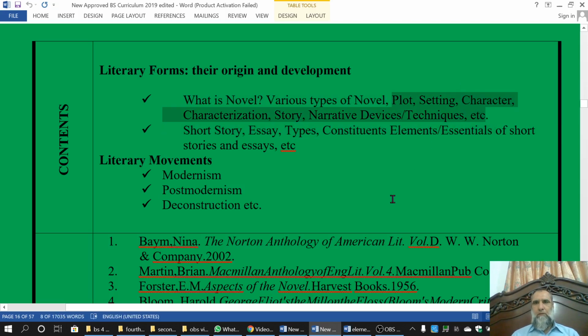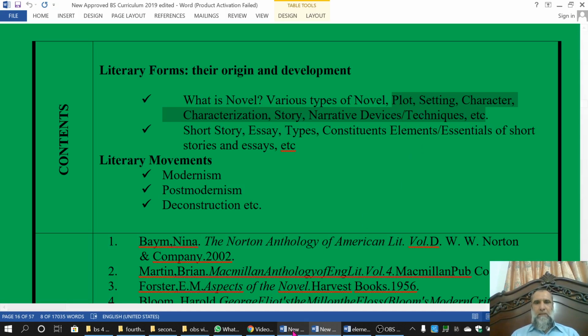If you have a look at these topics: plot, setting, character, characterization, story, narrative devices, narrative techniques, all these topics are included in fiction, the elements of fiction. So all these are actually the elements of fiction.